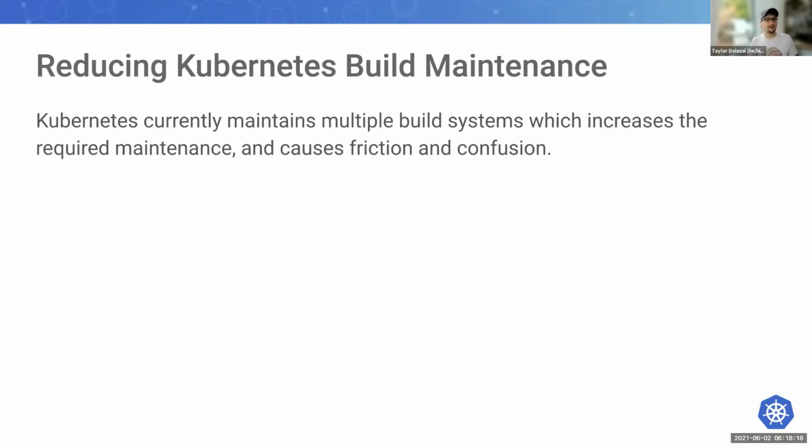When we went to debug things in SIG release and taking a look at our tooling, it just wasn't clear, and it really fell back onto, okay, who ran this last successfully? Who can we ask and work with to get a better sense of things?